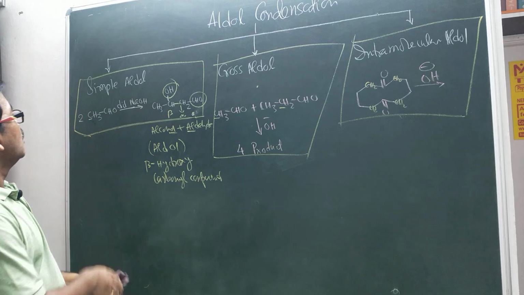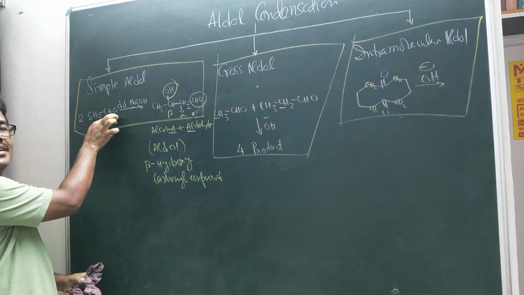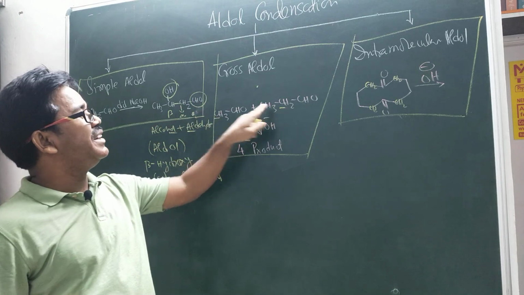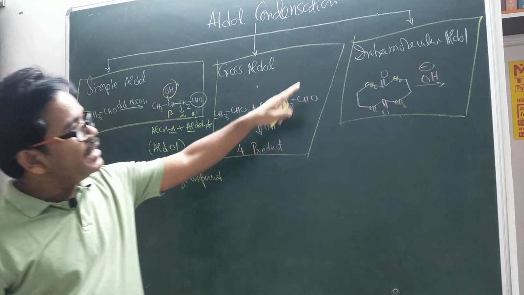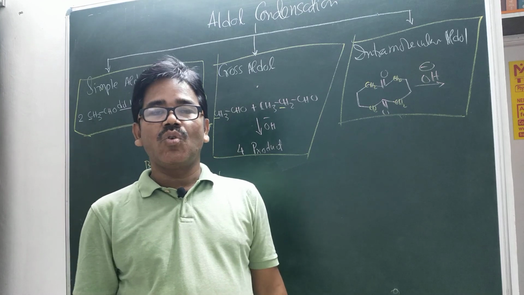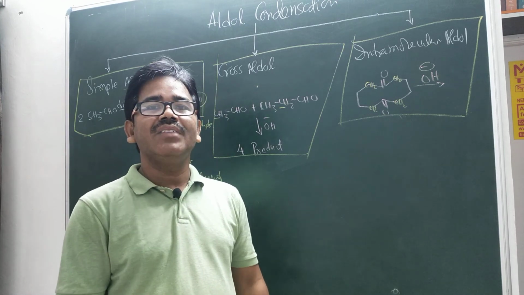Simple: both the molecules are same, acetaldehyde, acetaldehyde. Cross aldol: both the molecules are different. And intramolecular: only one molecule containing two carbonyl groups with alpha hydrogen.